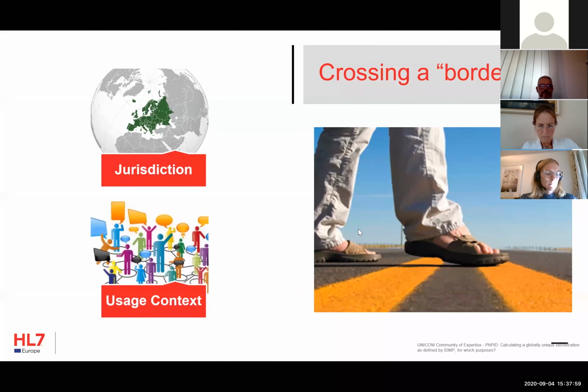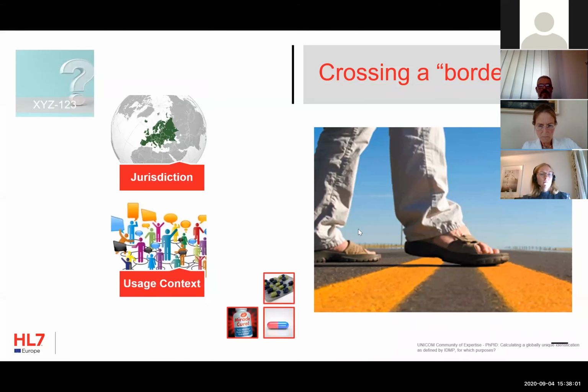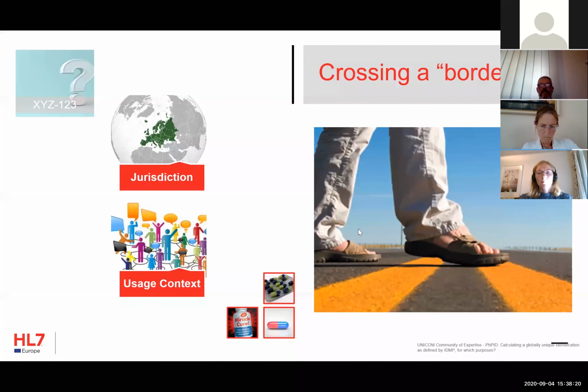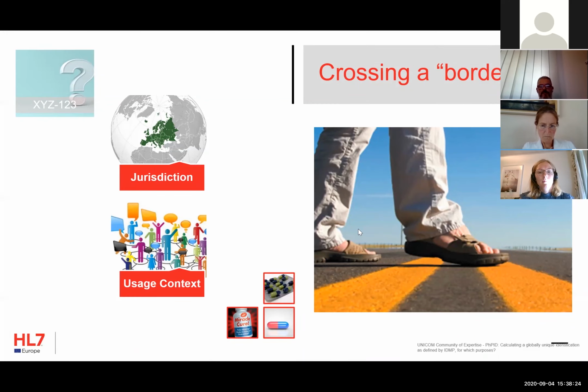Next slide, please. And it is clear that the solution that we have discussed before is not appropriate in this context. And I would also like to stress that, as we learned from the COVID situation, crossing the border, whatever the border is, is not only a sort of academic exercise.